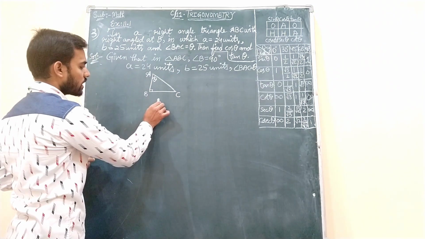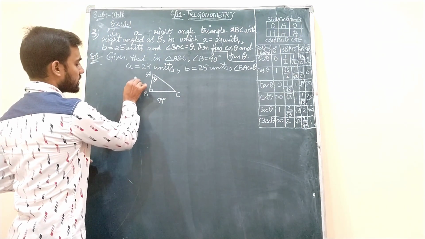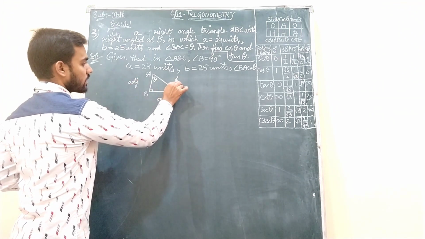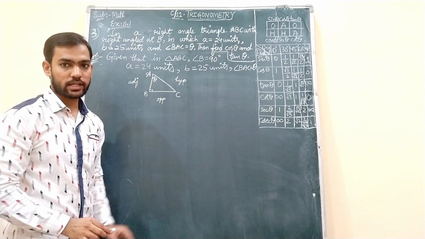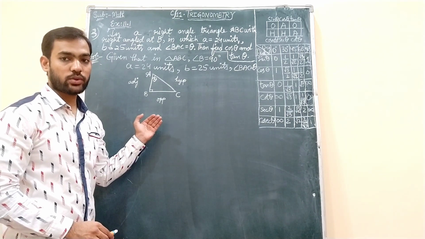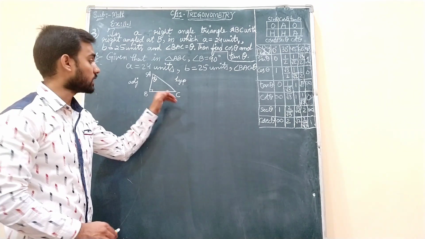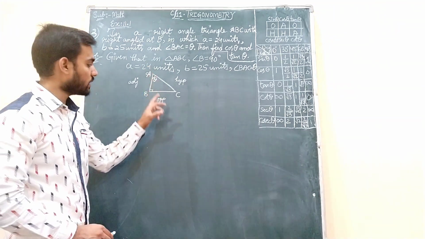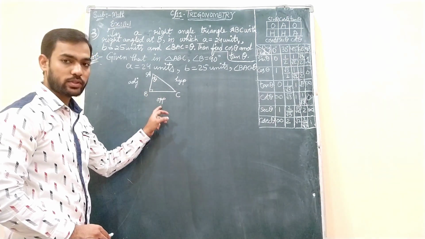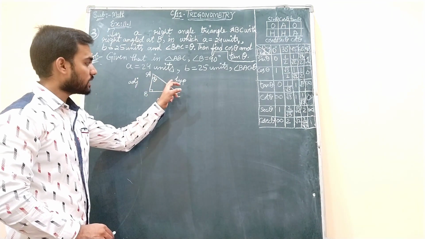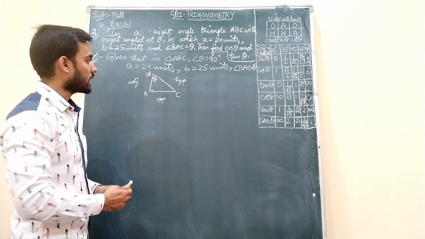Okay, so I'll write here, this is opposite side, this is adjacent side, and this is hypotenuse side. Because we are saying with respect to only theta, not like the previous question with respect to A, sometimes with respect to C. With respect to only theta we are saying, that is the reason. Opposite to theta is this side, that is the reason I have written this is opposite side, this is adjacent side, and this is opposite to 90 degrees, the longest side of the triangle, the hypotenuse side.